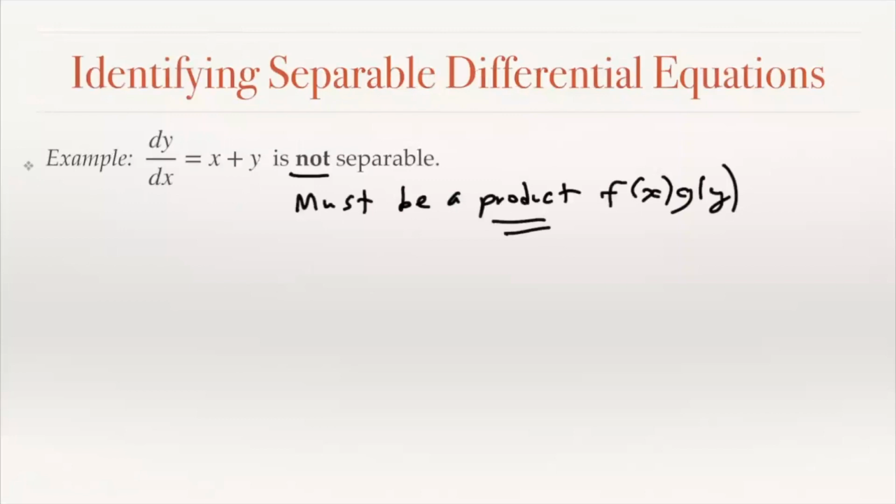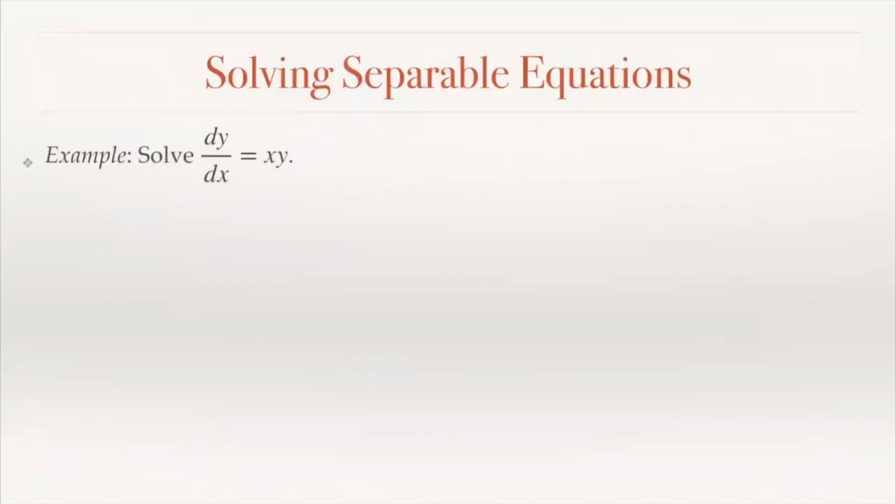Okay, we've talked enough about what separable differential equations are. Why do we care? Well, it turns out that separable differential equations are really quite easy to solve in the following way. What we do is we can separate them such that the y parts are on one side and the x parts are on the other.